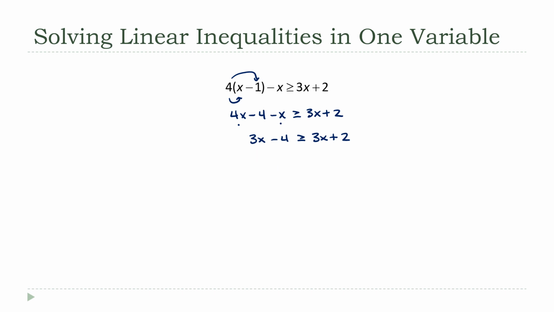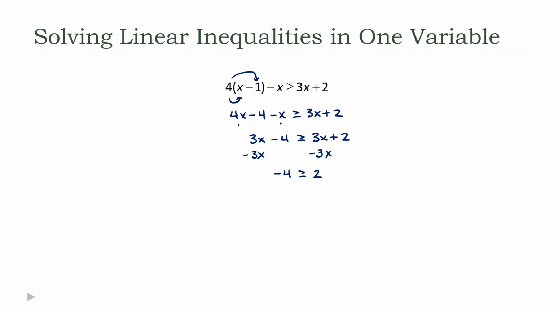So let's say we do our thing. We subtract 3x from both sides. We get minus 4 is greater than or equal to 2. We're going to apply the same reasoning here that we did when we were doing this with linear equations. Negative 4 is absolutely never greater than or equal to 2.